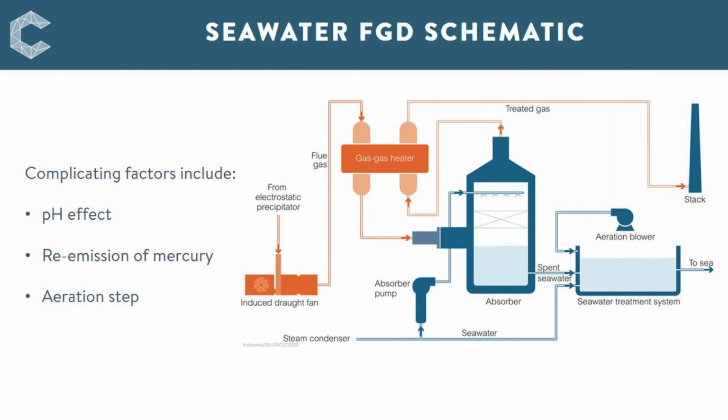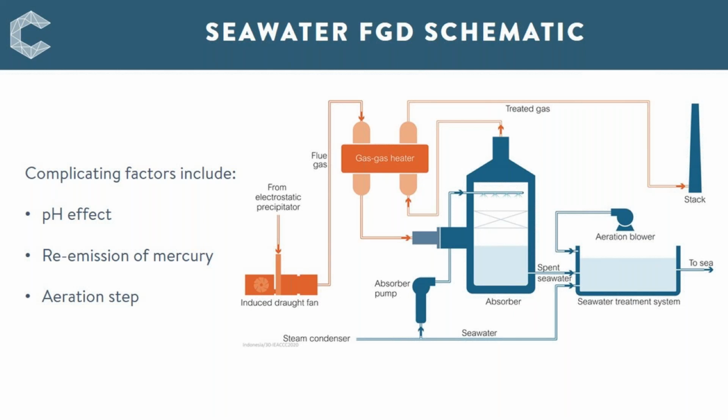Because seawater FGD, as the name implies, has been designed to control sulfur dioxide before the scrubbing liquor can be returned to the ocean. It has to be aerated to improve the sulfate to sulfite ratio. We want more sulfate. In the process, we may be creating potential for mercury re-emission from this aeration tank again.